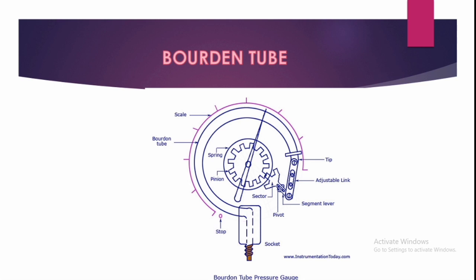The closed end of the Bourdon tube is connected to a mechanical linkage, which acts as the data transmission element. The rack and pinion arrangement acts as the variable manipulation element. And finally, the pointer and the dial act as the presentation element.